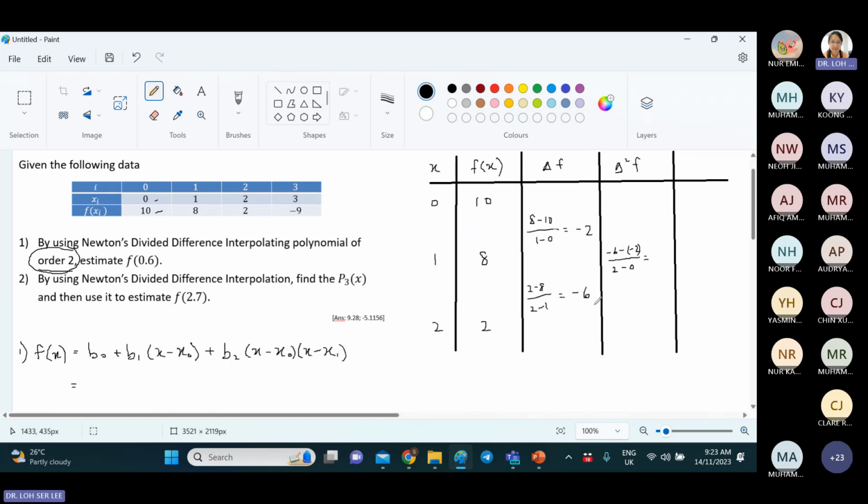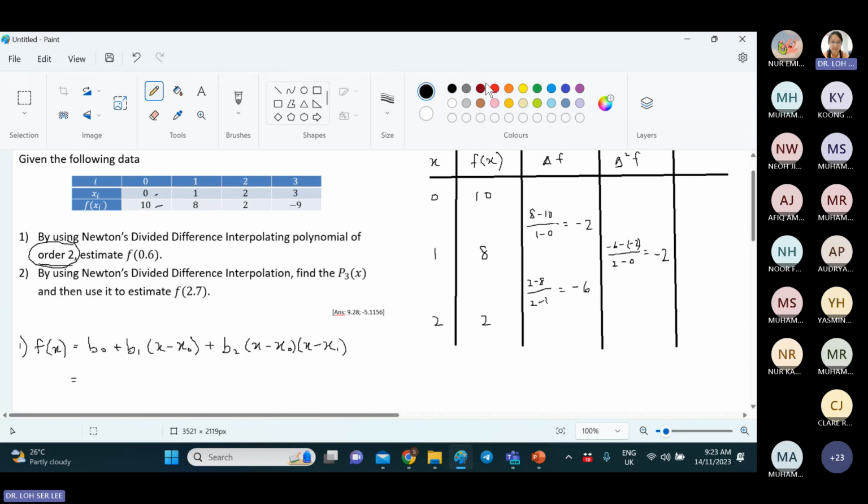You use the later minus the previous, you get a plus, so -6 plus 2, divided by 2 minus 0, which is -2. Do you get -2? Yes, good.